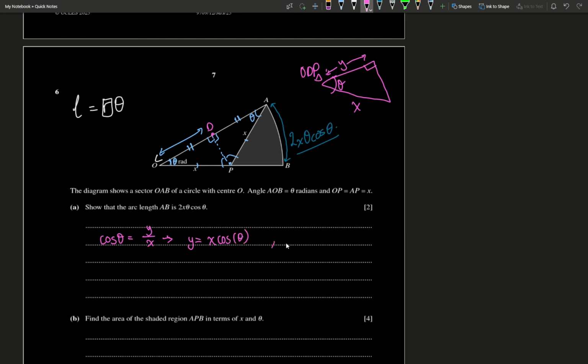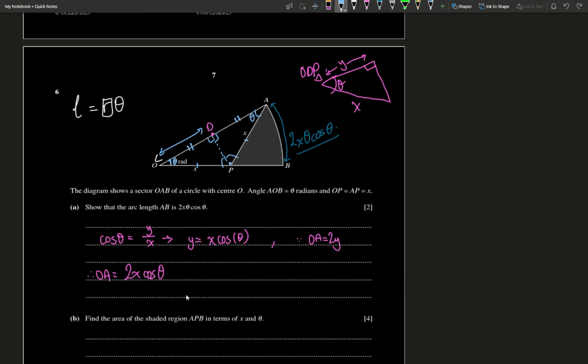Well, since we said that the radius OA is equal to 2y, we can conclude that OA is equal to 2 times x cosine of theta, which is 2x cosine of theta. Okay, we're getting somewhere, alhamdulillah. Now, since we got the radius, we just need to multiply by theta to find the arc length.